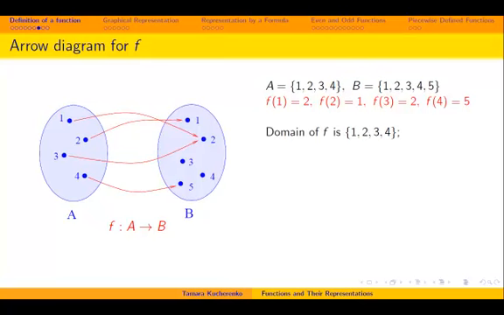The domain of f is 1, 2, 3, 4. The range of f is the set 1, 2, 5. We did not include elements 3 and 4 into the range of f because no element in the domain is mapped into 3 or 4.